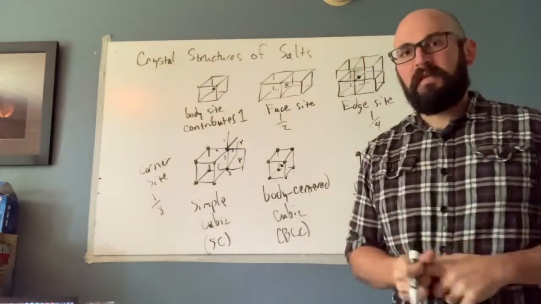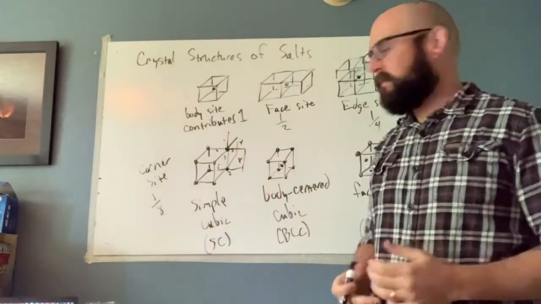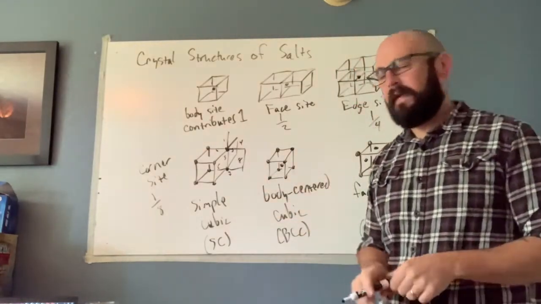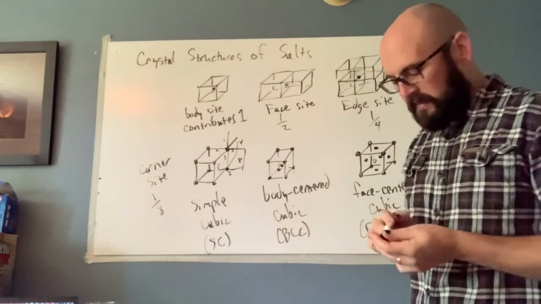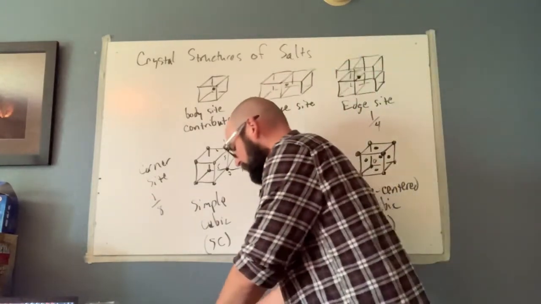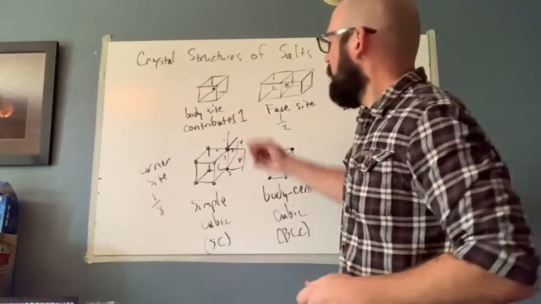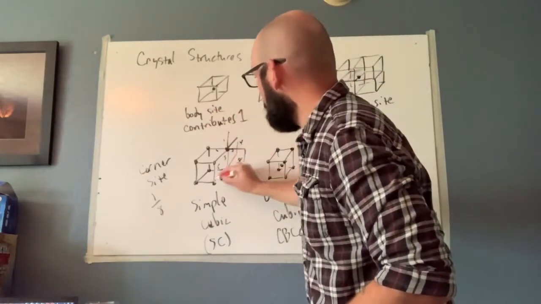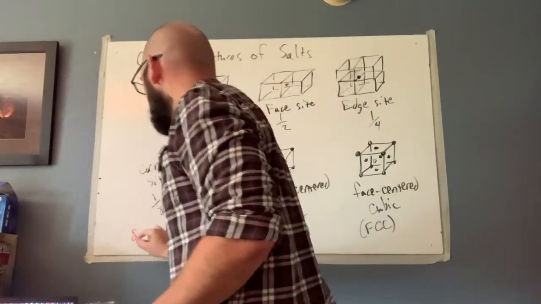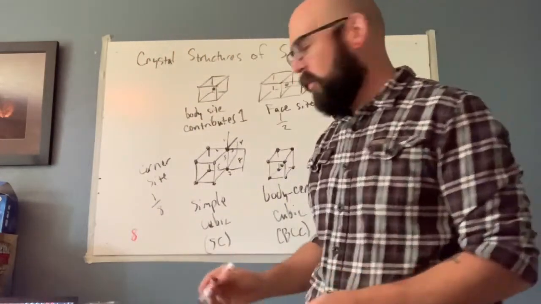Based on that information, let's count how many atoms are in each of these 3 cubic systems that we've already identified. So if we look at our simple cubic example, we have 1, 2, 3, 4, 5, 6, 7, 8 atoms that all occupy corner sites.